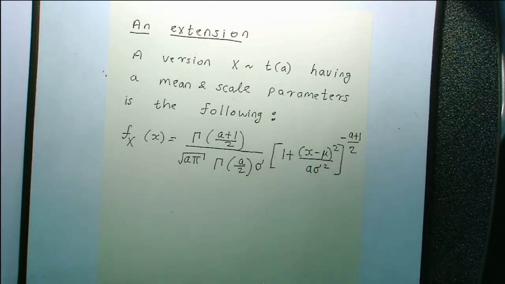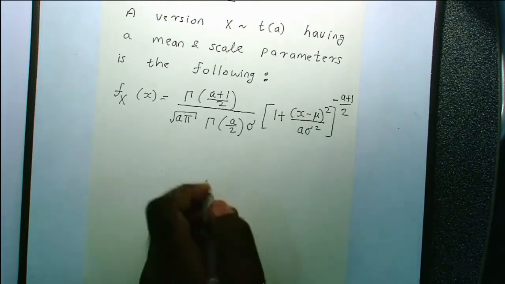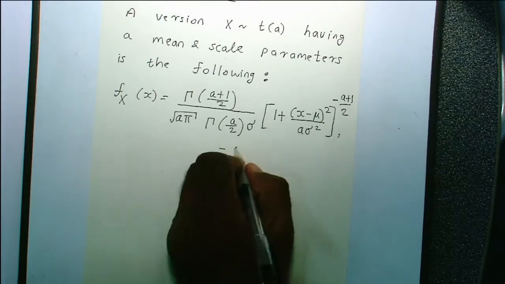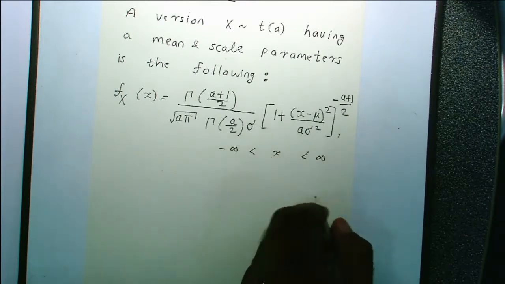All right? You see what I've done. I have added two more parameters. Mu is the mean parameter, sigma is the scale parameter. So now it has three parameters. X is from minus infinity to plus infinity.